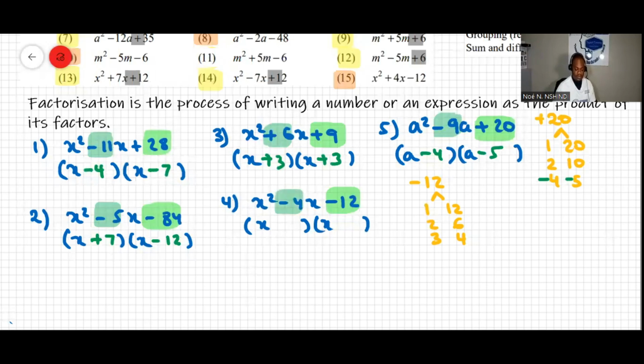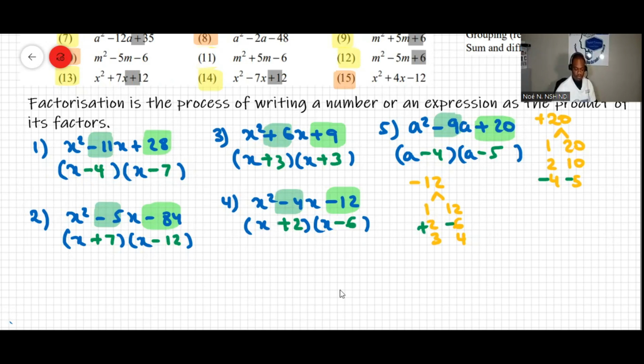Now, let's see. With 1 and 12, we'll never make -4. With 3 and 4, we cannot. But with 2 and 6, yes, we can. If this is a positive 2, and that's a -6. You see, it's going to be positive 2 and then -6 there.